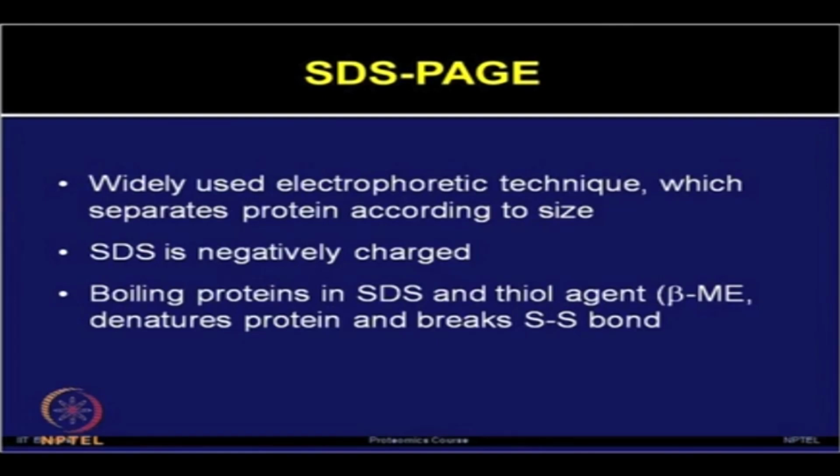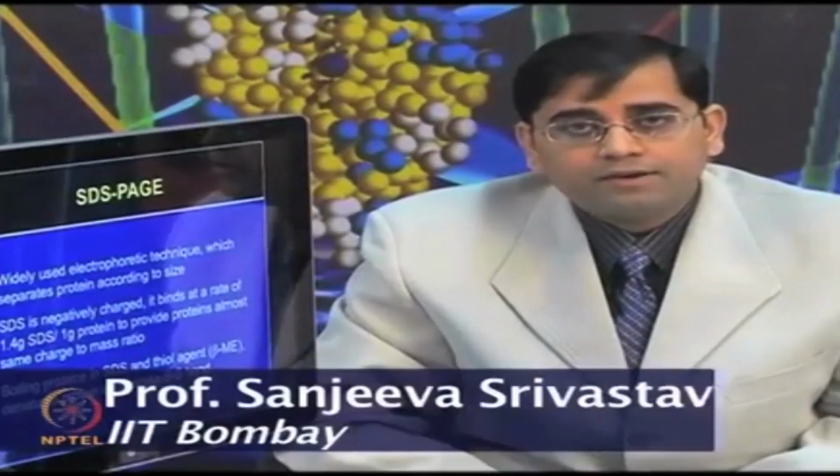The molecule SDS, or sodium dodecyl sulfate, is an anionic detergent which provides negative charge. It binds at a ratio of 1.4 gram of SDS per gram of protein to provide almost similar charge to mass ratio. Therefore, your protein separation will be based on the molecular weight in the electric field.